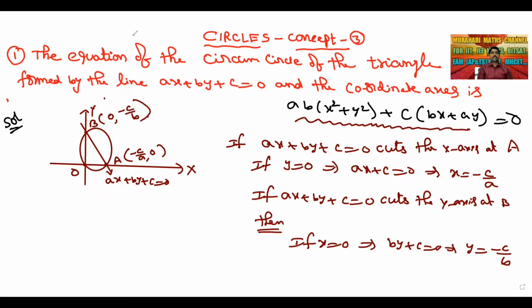The equation of the circumcircle with endpoints of the diameter x1 y1 and x2 y2. Let us take A as x1 y1.